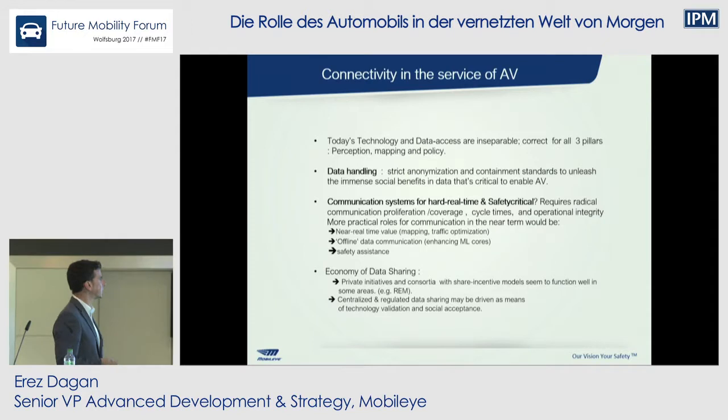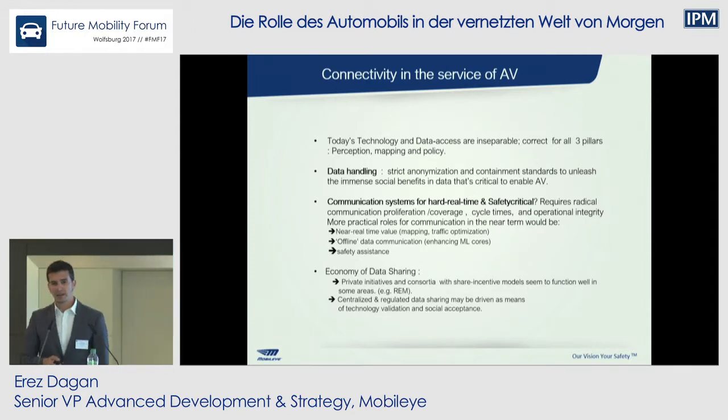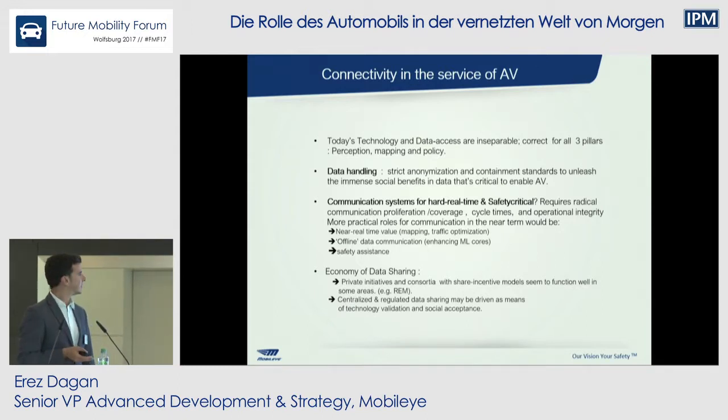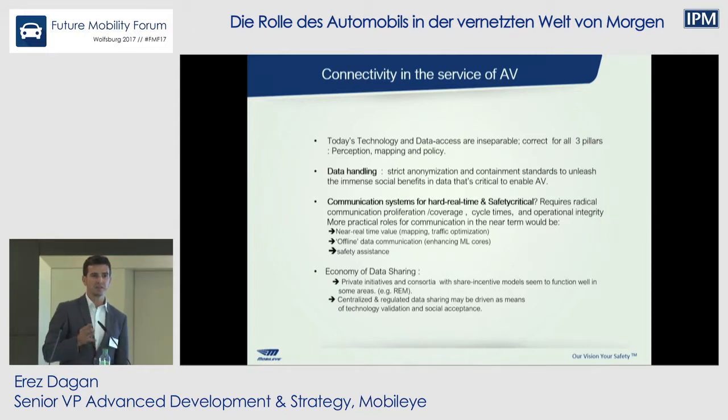It's very, very important. As for data handling, a nice analogy I'd like to make in this forum is that there is critical value in sharing data in autonomous driving, and the analogy would be to nuclear energy. If it's contained, it's socially beneficial. If we can guarantee that the information is not used to harm anyone, that social benefit will be harvested.